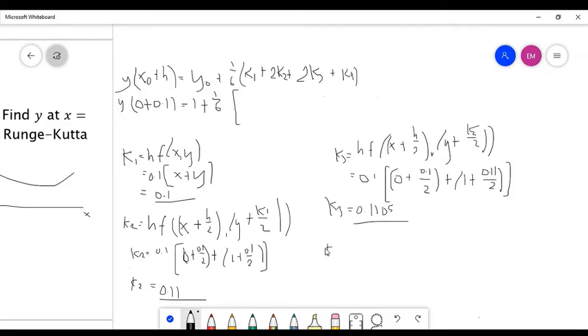And lastly, our K4 is h, a function of x plus h. Then the other one is y plus your K3.